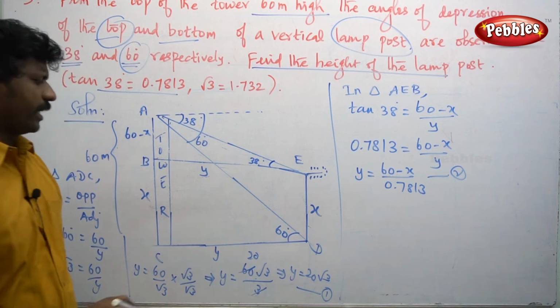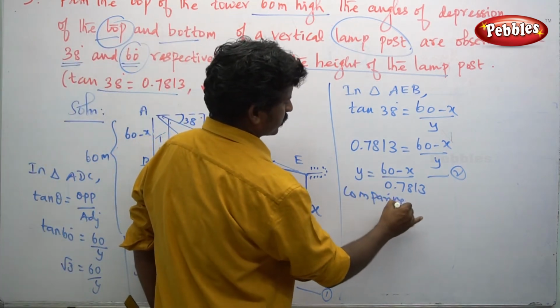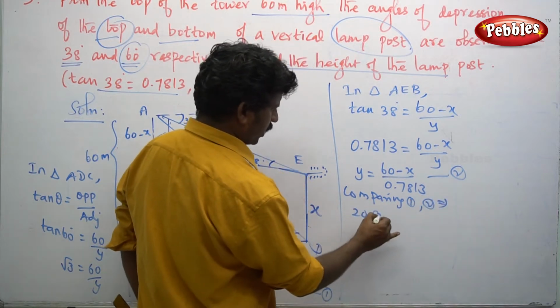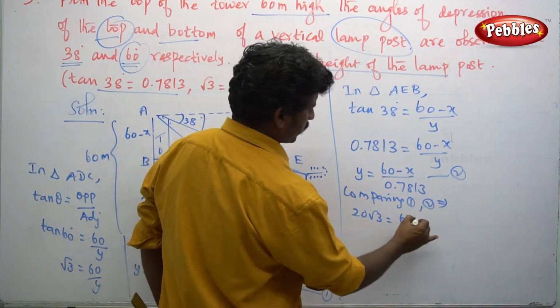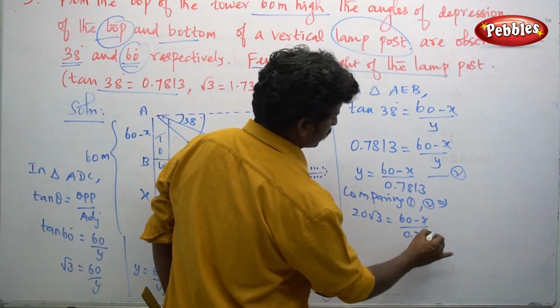Now comparing the equation 1 and 2. Comparing the equation 1, 2 implies, so this is 20 into root 3 is equal to, this is 60 minus x by 0.7813.